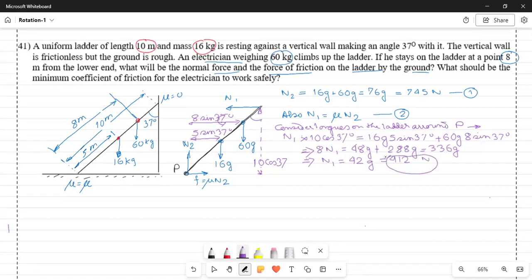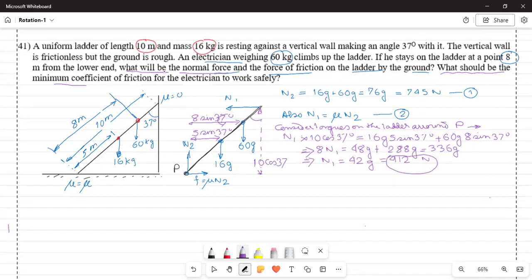So we have got a value of N1, 412 Newton. So the first question asked was, what will be the normal force and the force of friction on the ladder. The minimum coefficient of friction we shall find out later.